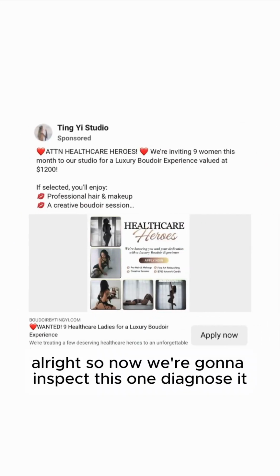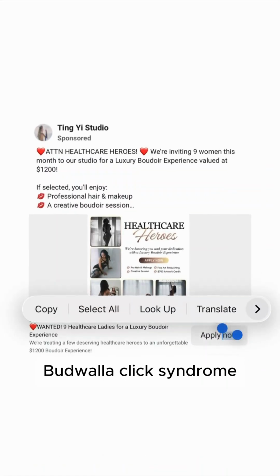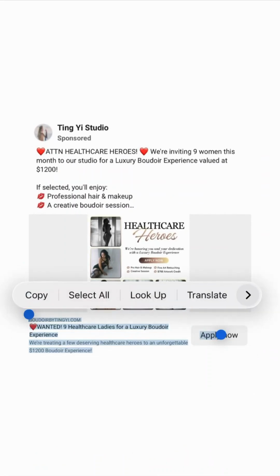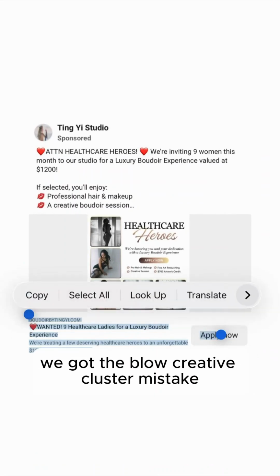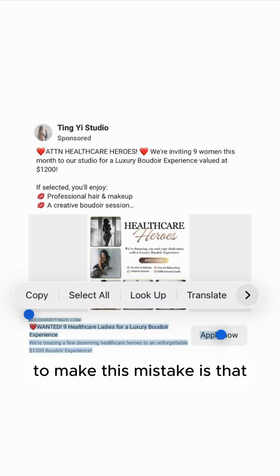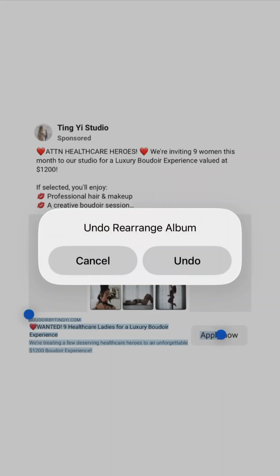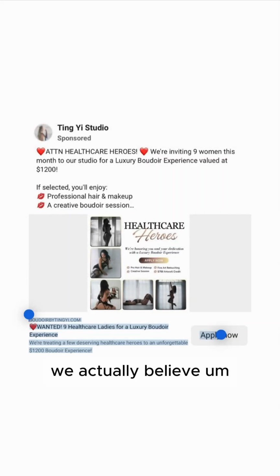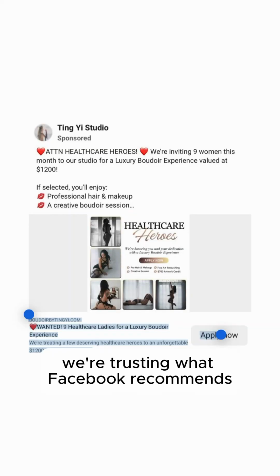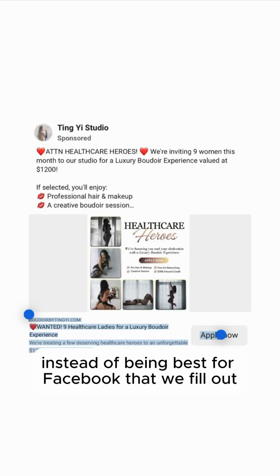All right, so now we're gonna inspect this one, diagnose it, see if we believe it has BLCS, Boudoir low click syndrome. So first thing I'm looking at is here, we got the below creative cluster mistake. The false belief that causes us to make this mistake is that we believe what Facebook recommends we fill out when creating our ad is what is best for us to fill out, instead of being best for Facebook.